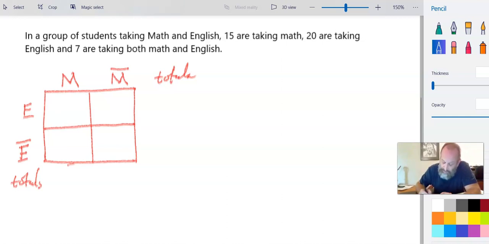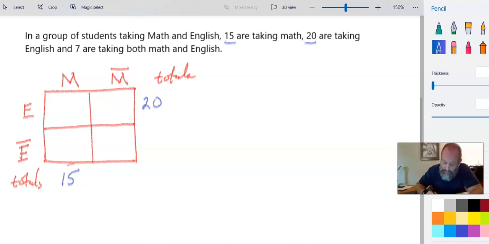Now, if we look at this and look at what we're given here, we know that the total for everyone who is taking math has to be 15 because there's 15 students taking math all in all. And the total for the students taking English is going to be 20. Right? So what we're doing here is we're organizing the numbers of everything.